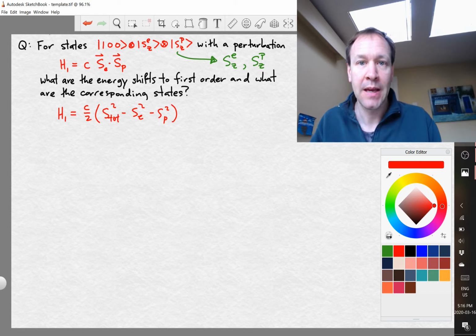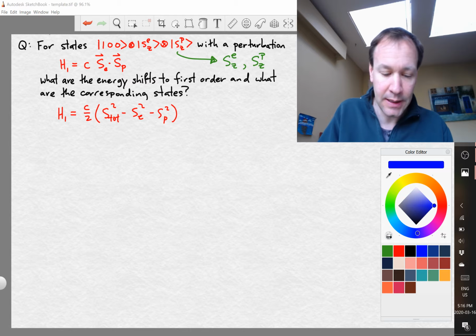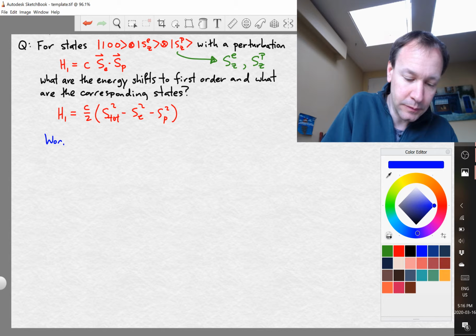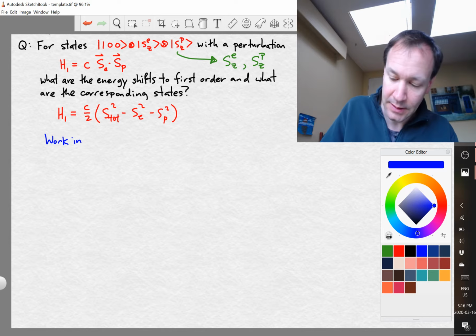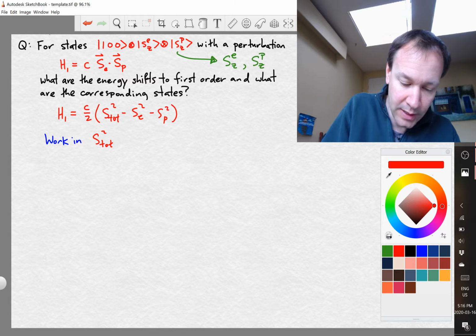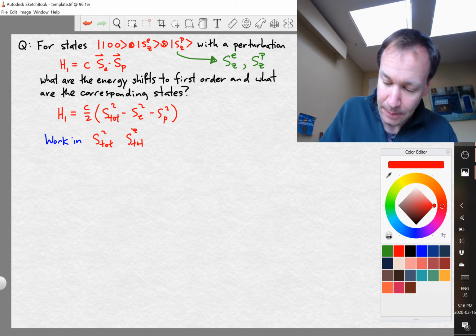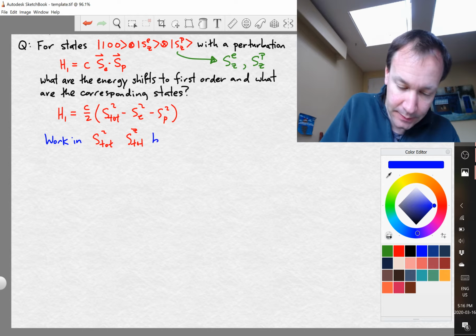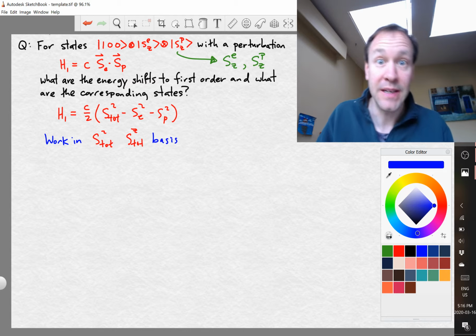Okay. And so what we want to do is work in the S total squared, S total Z basis.